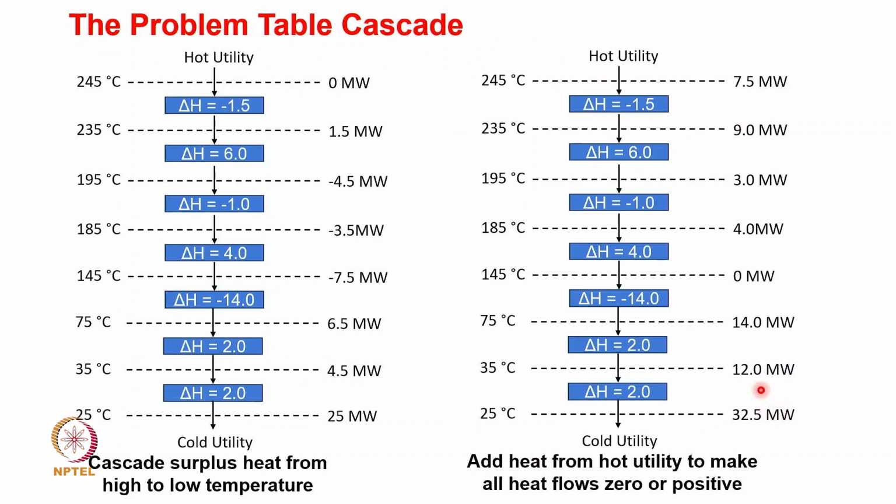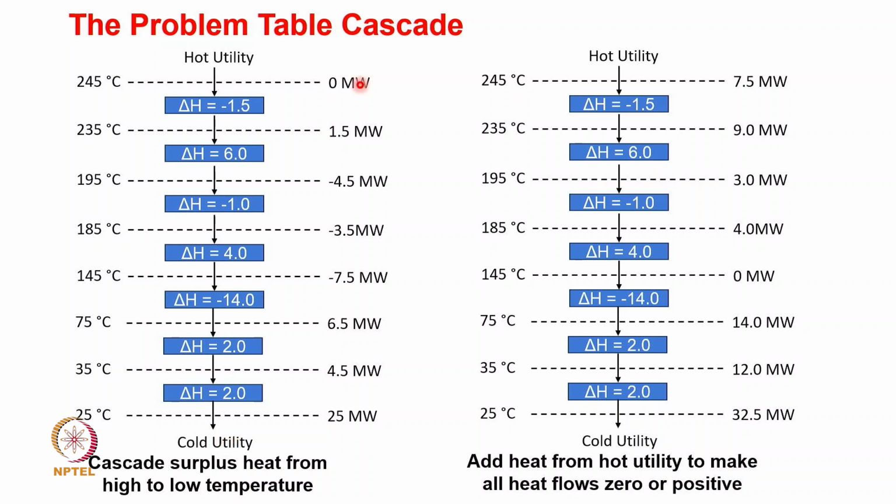So this is a sequence table of a problem table cascade. Again, these are the same temperatures that we have, changing from 25 to 245. And you can see that beyond the hot side of the composite curve you may have a hot utility, and below the cold side of the composite curve you have the cold utility.